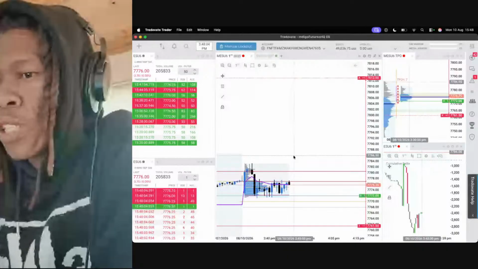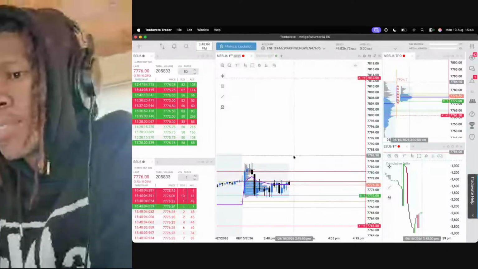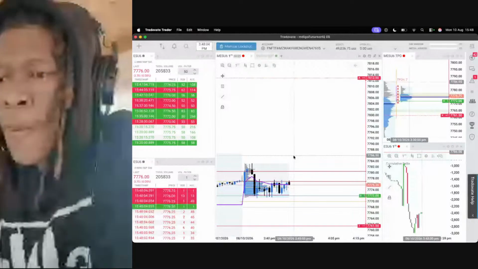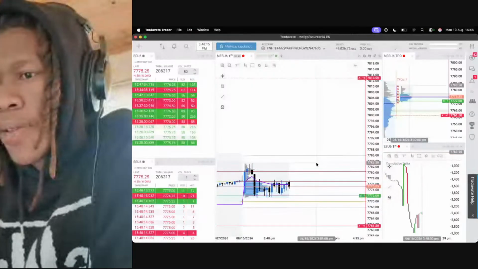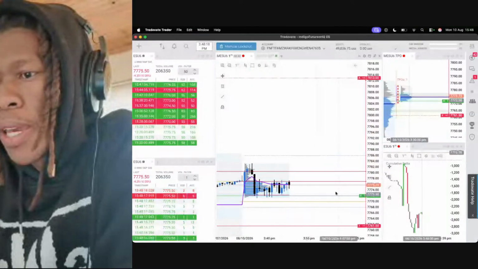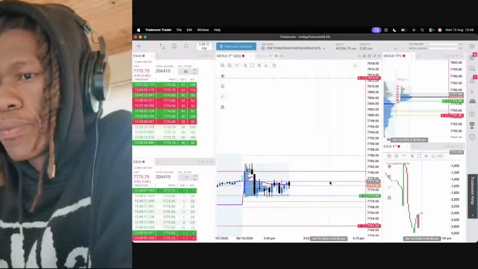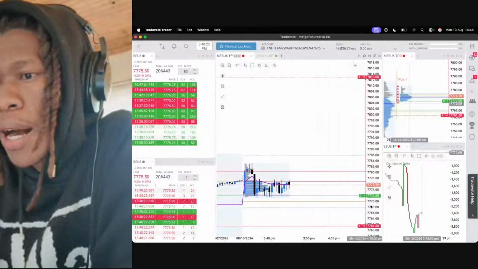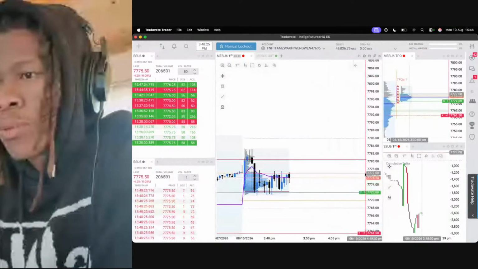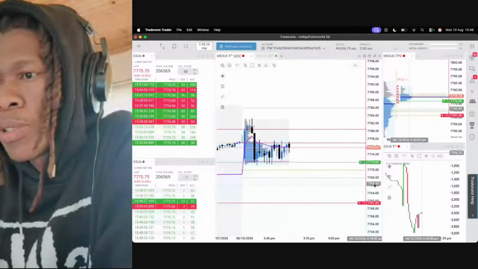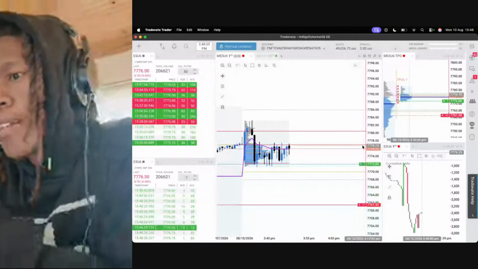The scaling has to be very smart, because if I shift this higher still, how many points is that? It's 5.